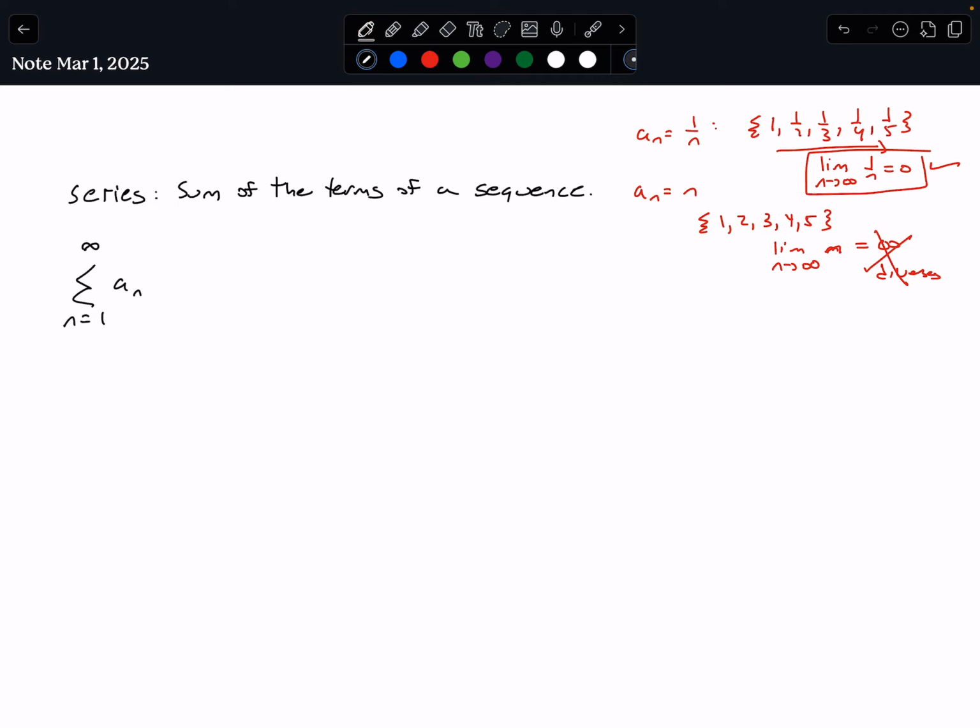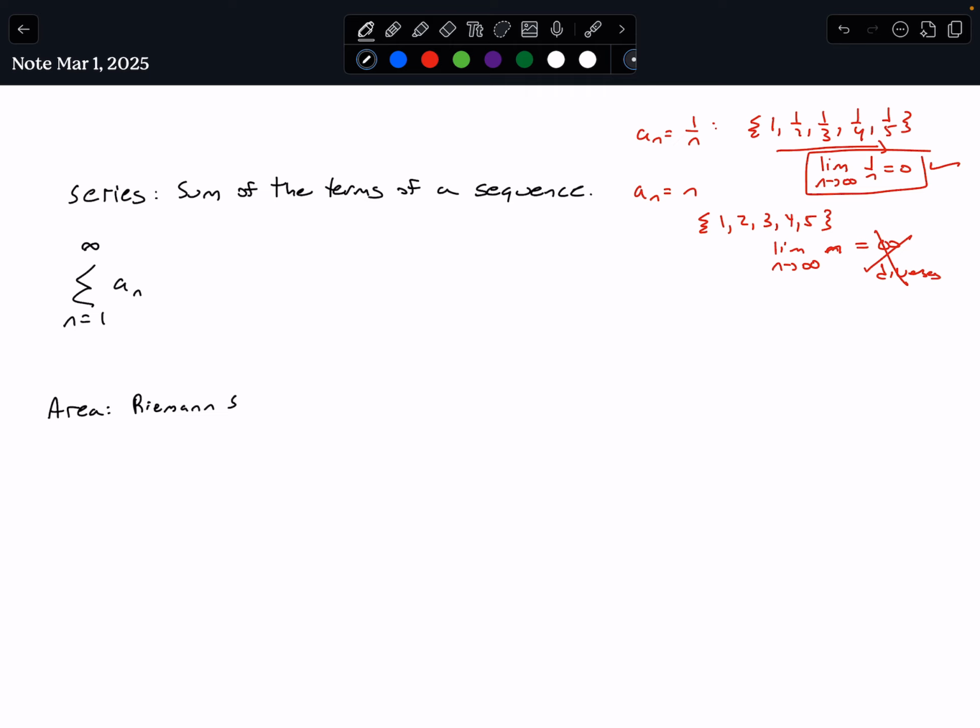So if we want to find out if a series converges, what we're going to do is look at area. Because a series is a list of discrete terms, n is 1, n is 2, n is 3, we have to use a Riemann sum.